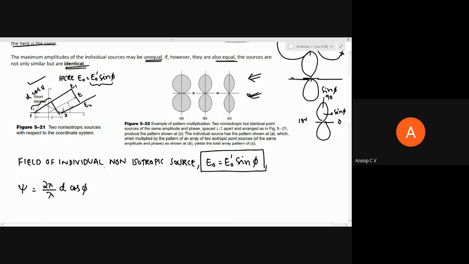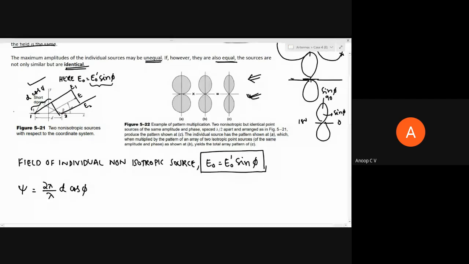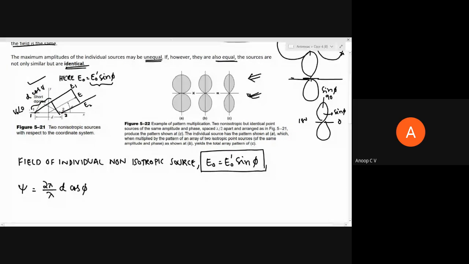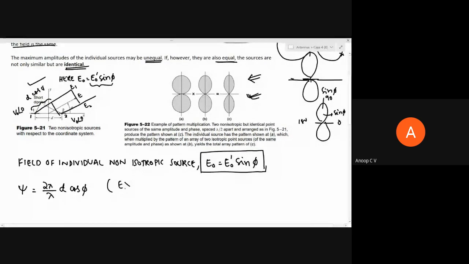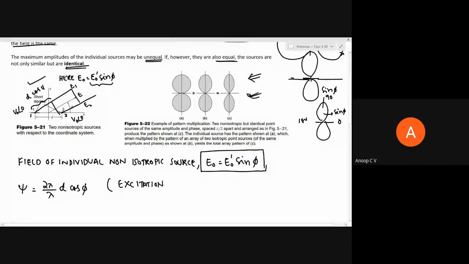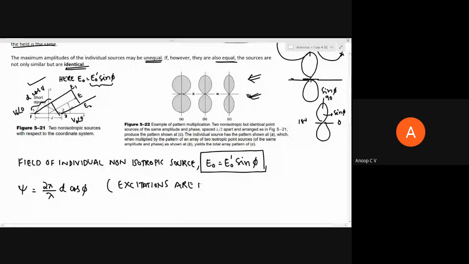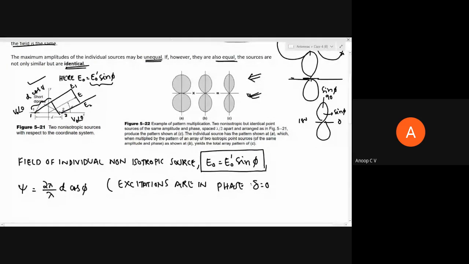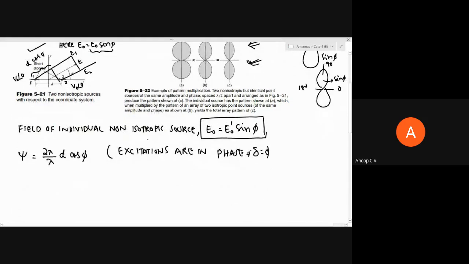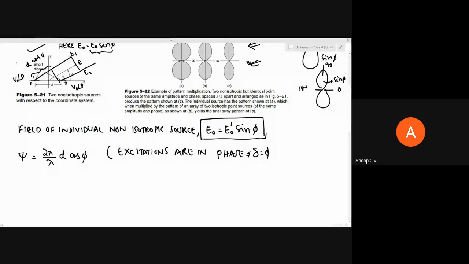I am assuming both are fed in phase, with V naught angle 0 and V naught angle 0, so the excitations are in phase, which means delta I equals 0. So psi is 2 pi by lambda times d cos phi. Then E1 will lag and E2 will lead.